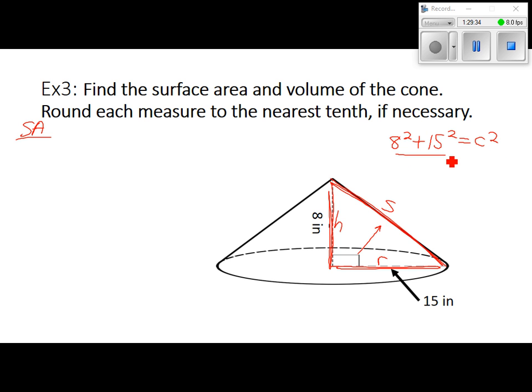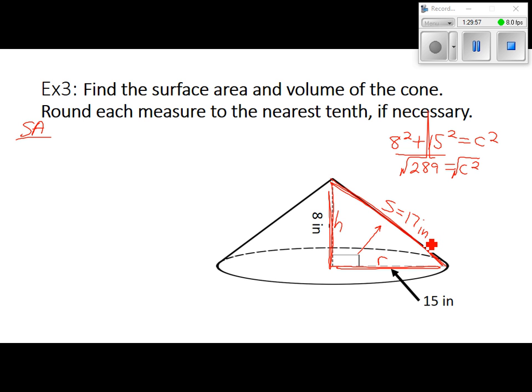You can punch all that right there into your calculator and get that side. So 8 squared plus 15 squared and hit equals, and I get 289 equals c squared. Then you take the square root of both sides, and you get that this slant height is 17 inches.